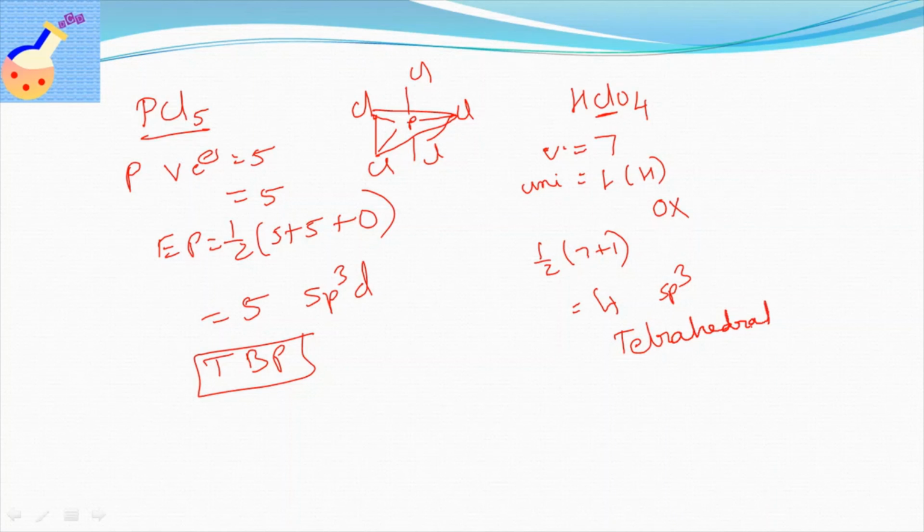Let me draw the structure also. Watch it carefully. Chlorine, oxygen, OH, double bond O, double bond O. You should put a double bond wherever a single oxygen is there. So this is about HClO4.